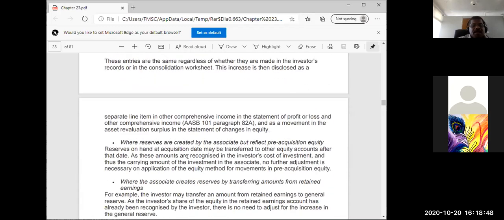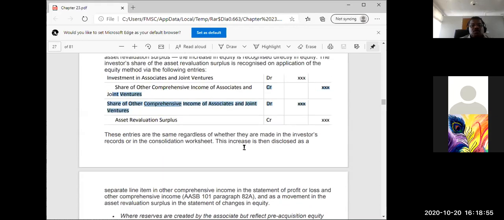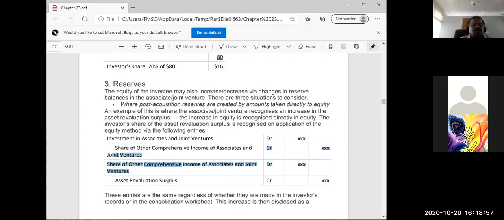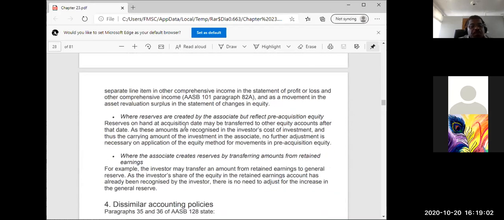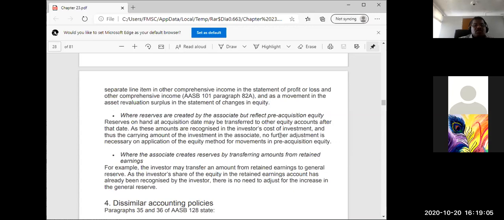Second, where reserves are created by the associate that reflect pre-acquisition equity. The first was post-acquisition; this is a pre-acquisition equity increase. So you will consider that when calculating the cost of investment. Here, reserves on hand at acquisition date may be transferred to other equity accounts after that date, as these amounts are recognized in the investor's cost of investment, and thus the carrying amount of the investment in associate.